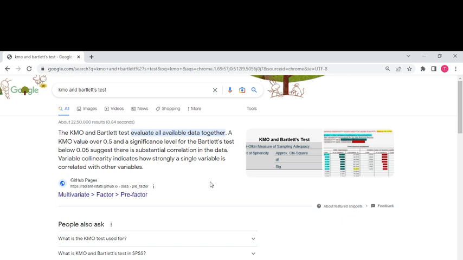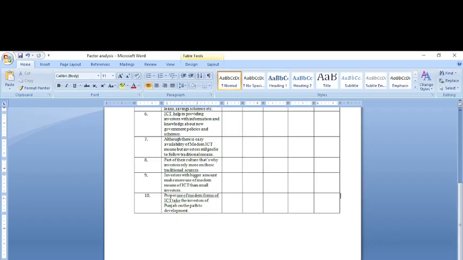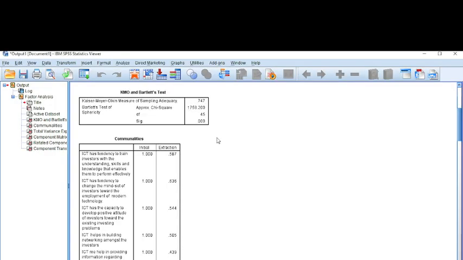The variables are correlated with each other because the value is over 0.5 and the Bartlett test of significance should be below 0.05. In my case the value comes to be 0.747, which is good enough.